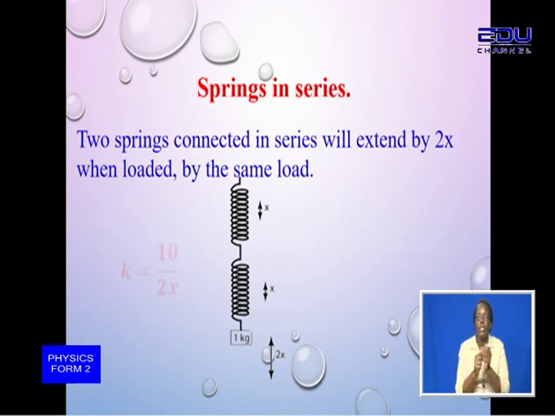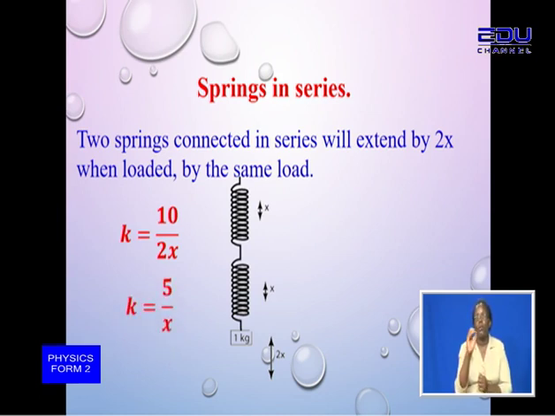All right. So using our formula for the spring constant, we can say 10 over 2x, because the extension is 2x, and you can see that our constant is 5 over x. So the original value with only one spring was 10 over x, and now when there are two springs, the value is 5 over x.